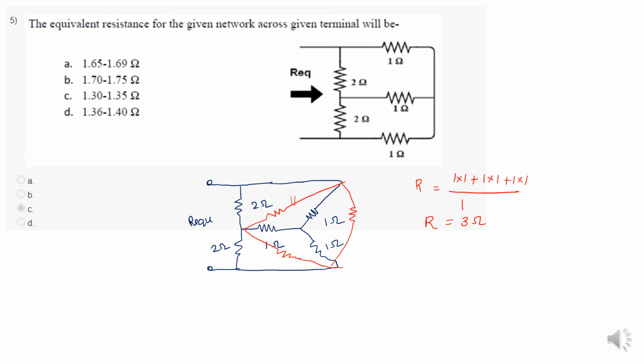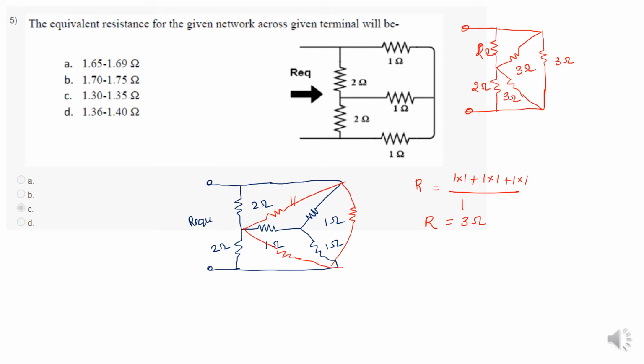Now again I am going to redraw the circuit. Now I get the delta value from the star value. Okay, here I have to substitute the values also. Here the value is 2 ohm. Here also 2 ohm. Here each resistance may be 3 ohm.